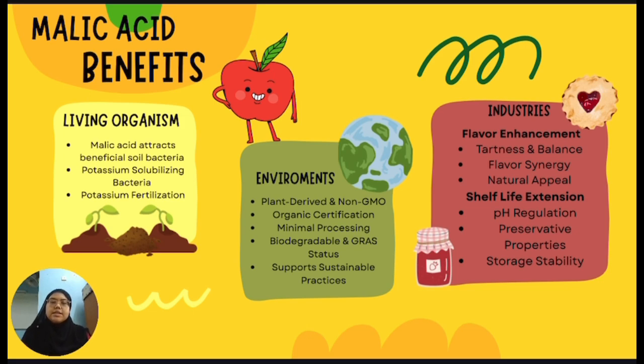Studies suggest that malic acid mixed with potassium fertilization enhances potassium content in leaves and fruits that will improve photosynthetic rate, water use efficiency, and fruit soluble solid content.